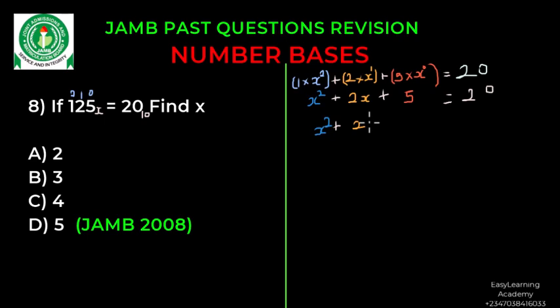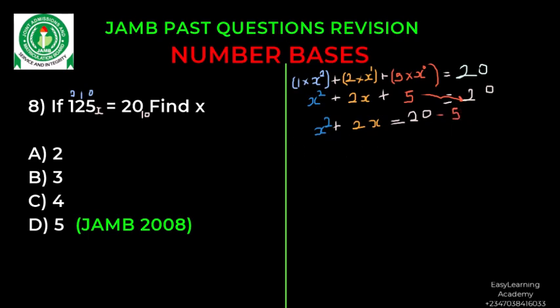Then something will start changing now, because we now move to the right hand side. It will now be this 20 that we had there, and this other number 5 here will cross over. When 5 crosses over, the sign will change and it will become -5.